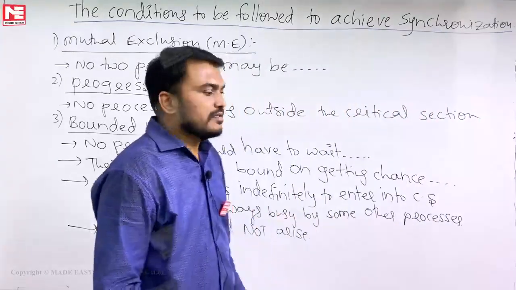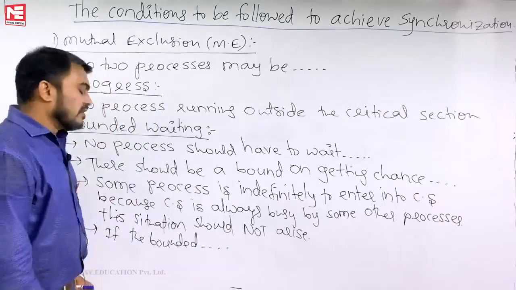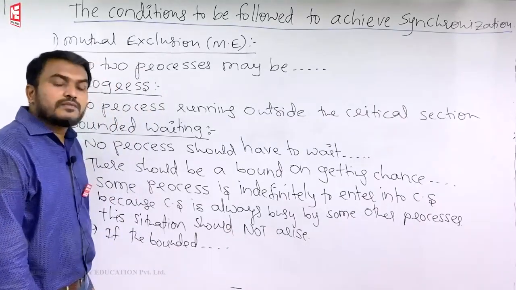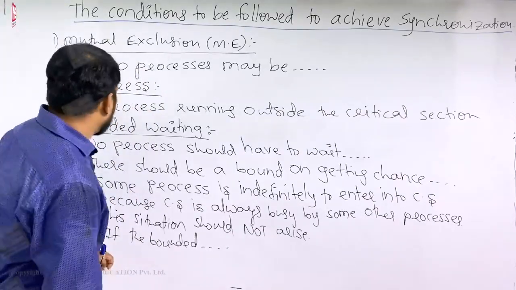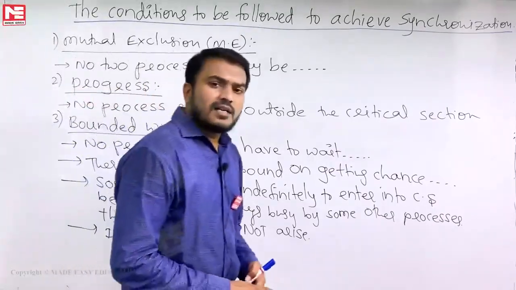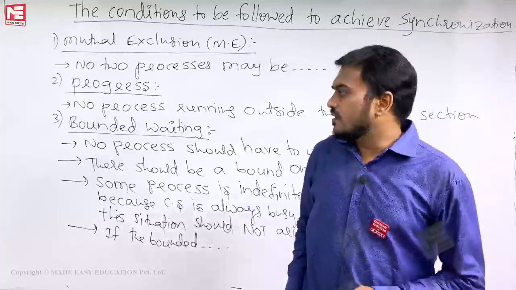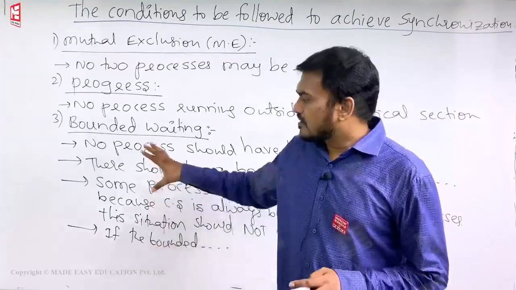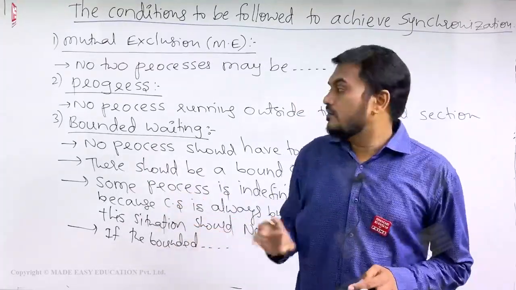You should guess that. So if bounded waiting is not satisfied, then it is possible for starvation. That is the meaning of the fourth point. Understand the logical meanings of each and every point carefully.